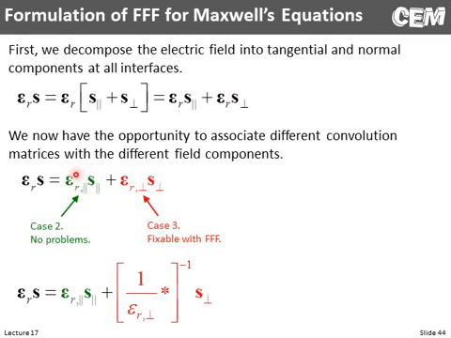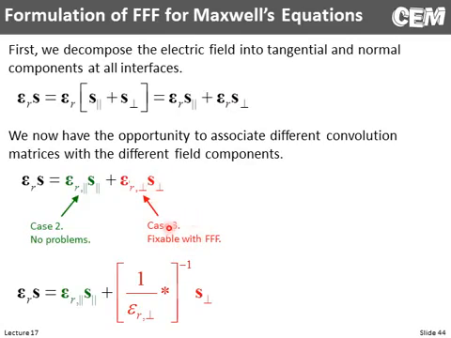So if we have a discontinuity, our epsilon will be discontinuous, but S will be continuous. So there's no problems here. That's case 2. We don't need to do anything. Over here, if we have a discontinuity, epsilon will be discontinuous, and also the normal component will be discontinuous. So we have the product of two discontinuous functions where they have their discontinuity at the same point, but the product is continuous.